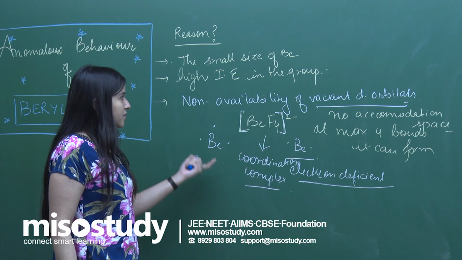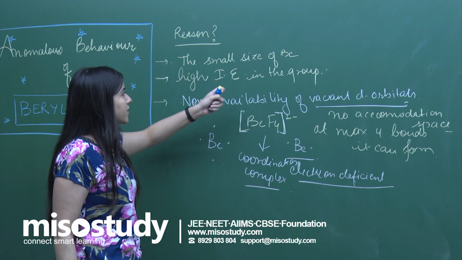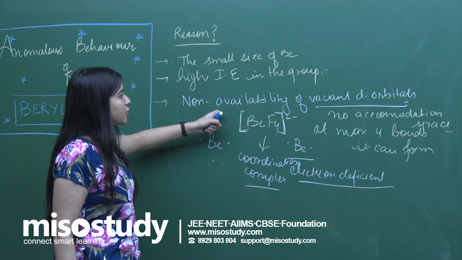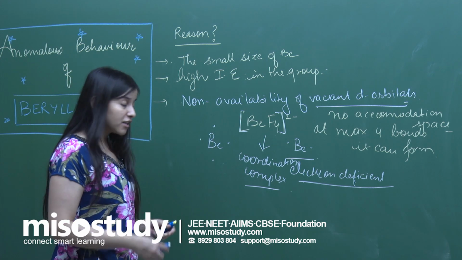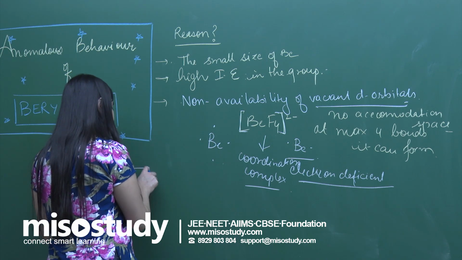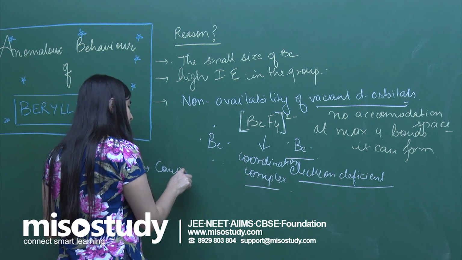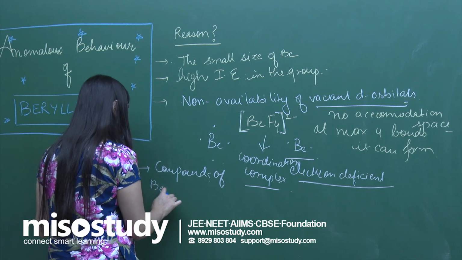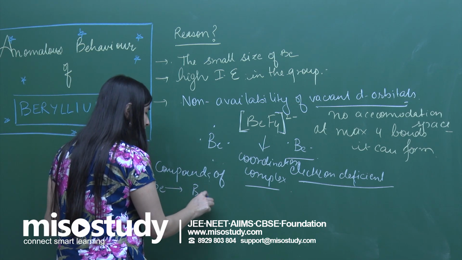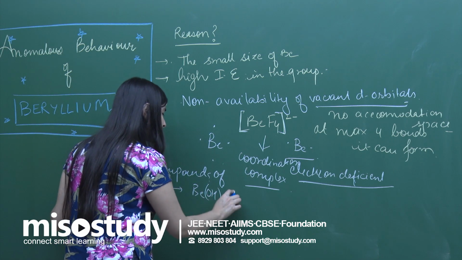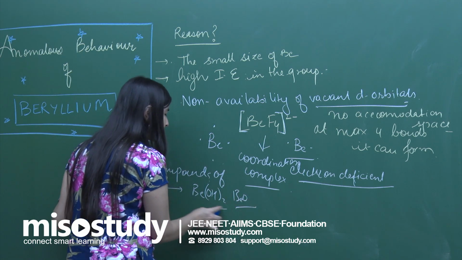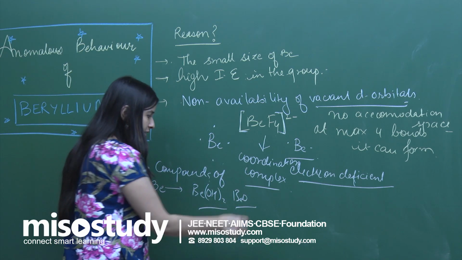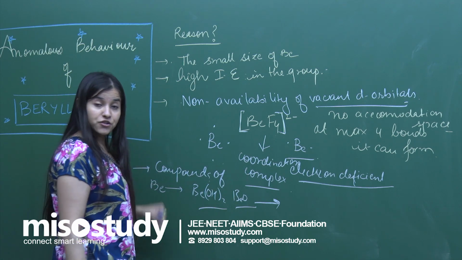So the reasons you have known: smaller size, high ionization enthalpy, non-availability of vacant d orbitals, and in fact compounds of beryllium, let's say hydroxide and oxides, right? They are amphoteric in nature.